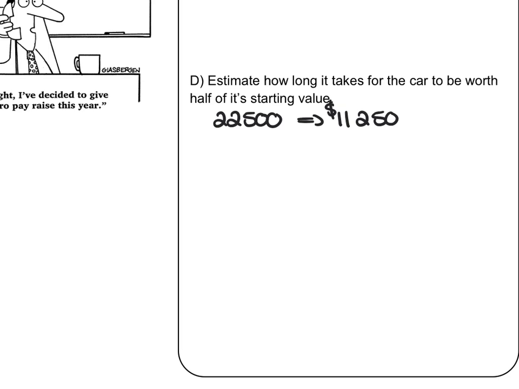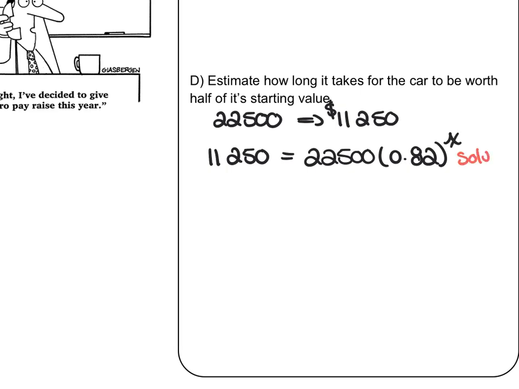So what we're going to do is, if this is the end value, this is our starting value, times 0.82 to the x, and we're going to solve for x. Now, anytime you solve for x, the goal is to get x all by itself.